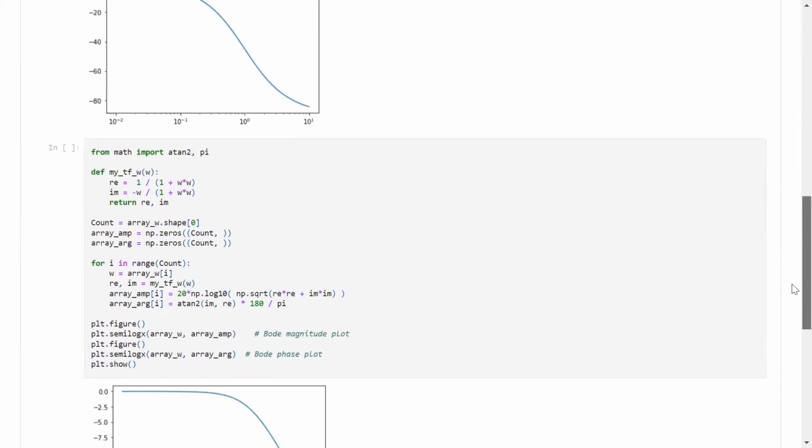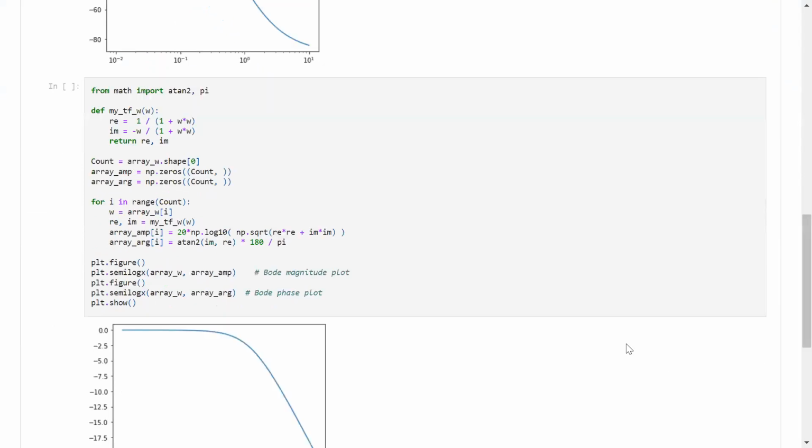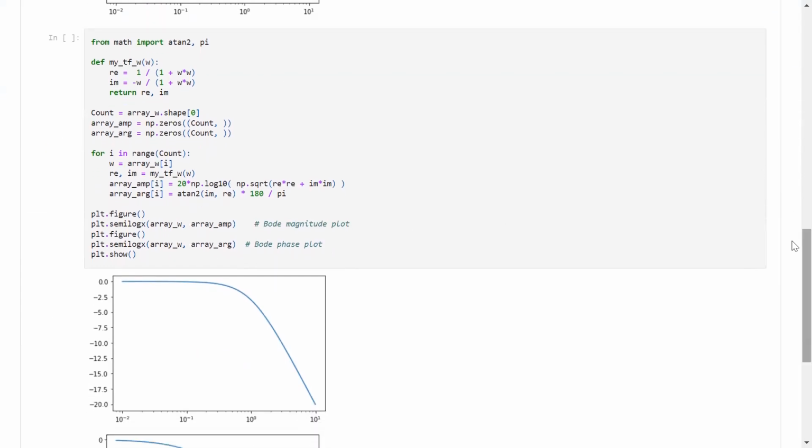All right, you can do it by hand. Here, I just define my transfer function, real part, imaginary part. Just go over it, plot 20 log 10, use log 10, not natural logarithm.